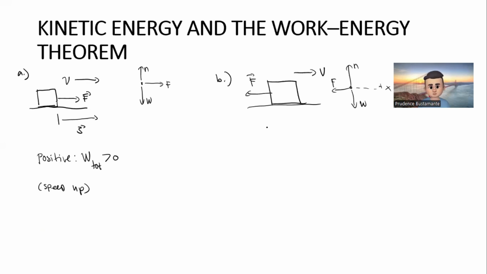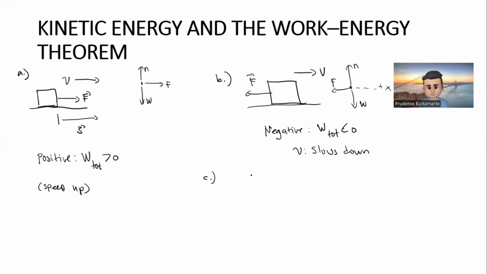Here, the total work is negative, less than zero. So what happens to your particle is that your speed v slows down.